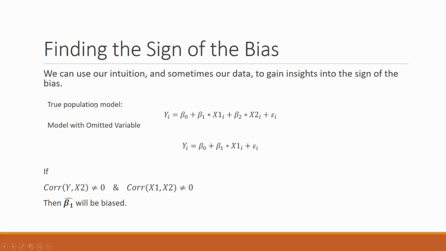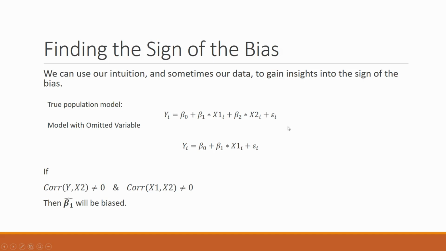Let's say this is our true population model. The true population model has a dependent variable of y, and it's a function of x1 and x2, so two independent variables. But let's say we don't include x2. The model with the omitted variable is just y as a function of x1.